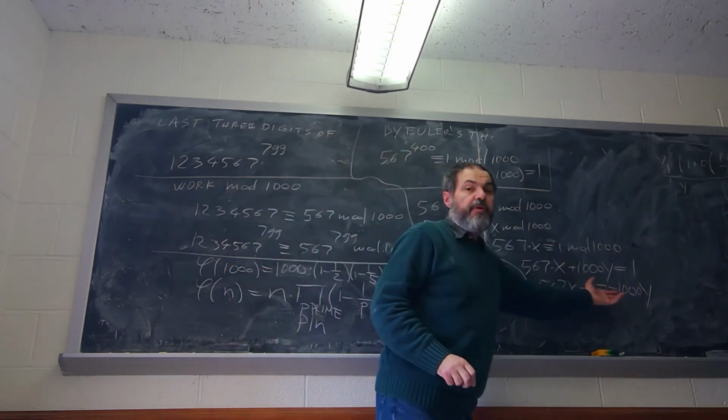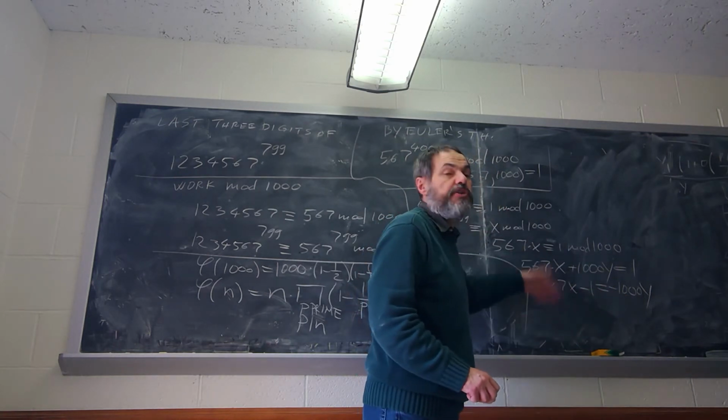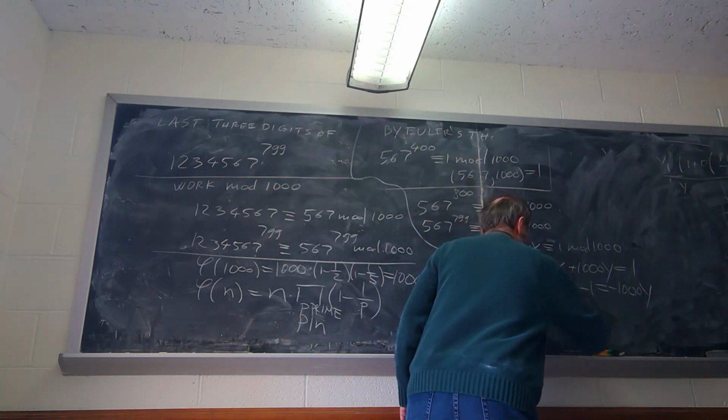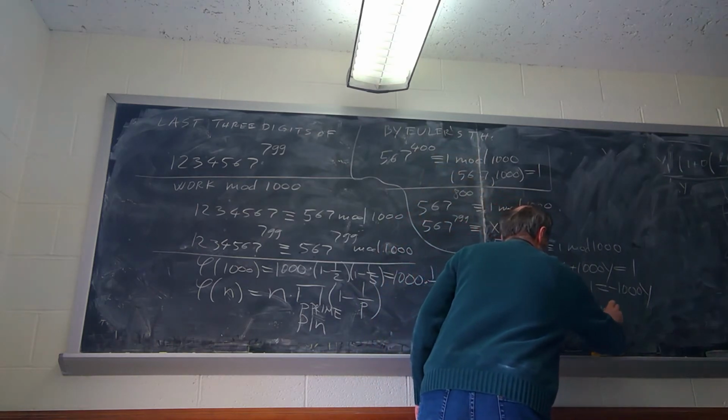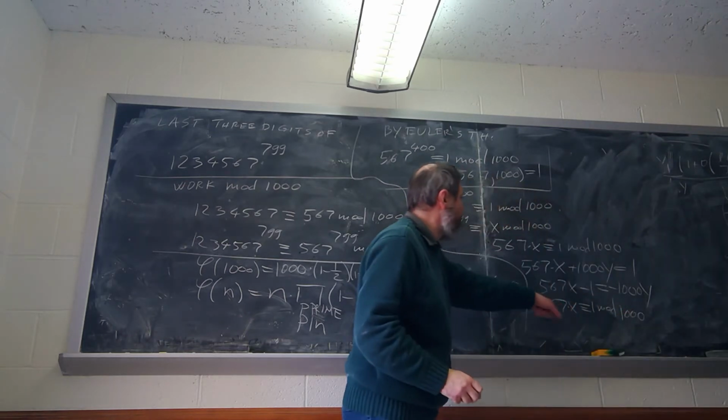So it's a multiple of 1000. The difference is a multiple of 1000. Just by definition of congruence, 567 times x is congruent to 1 mod 1000. So that's exactly the x that we needed.